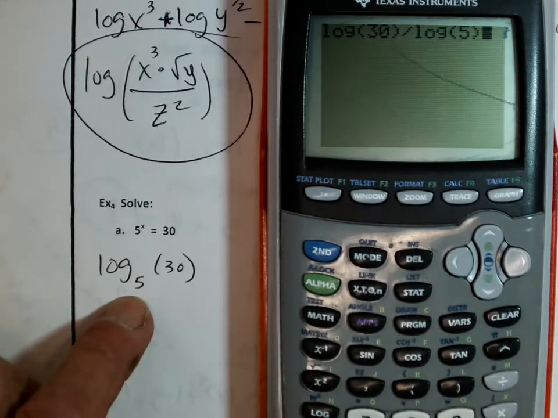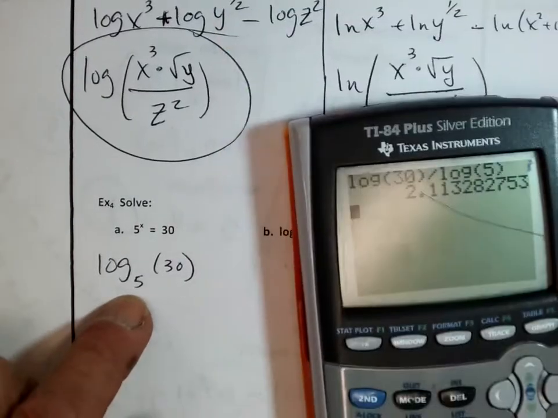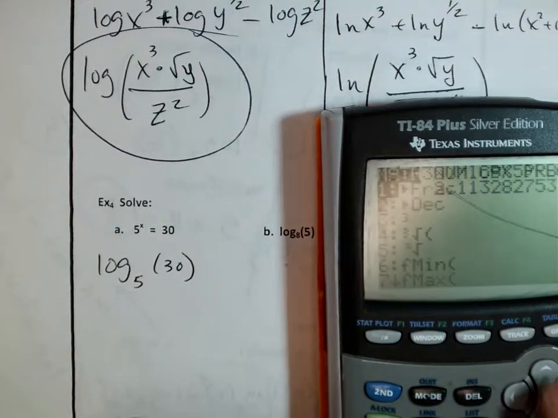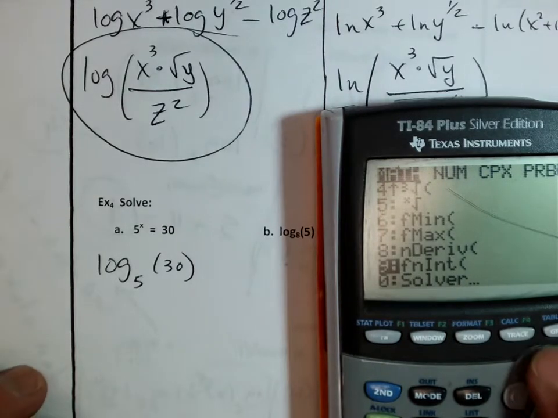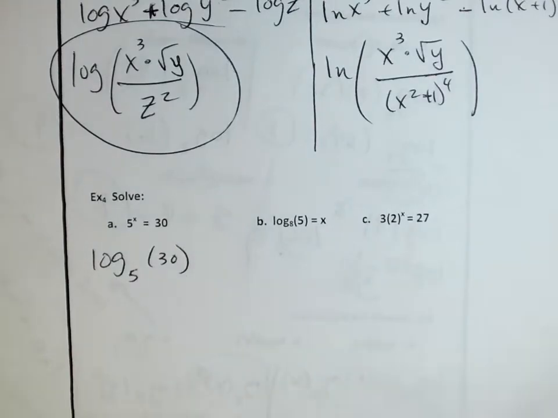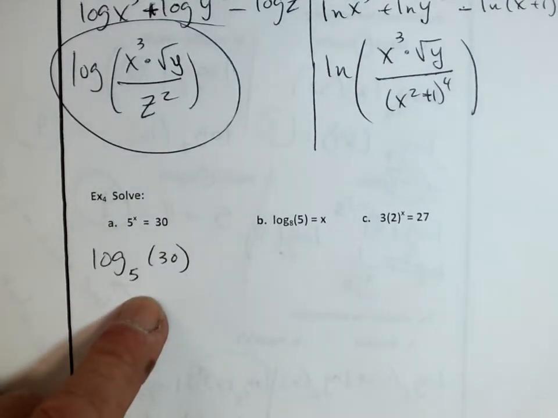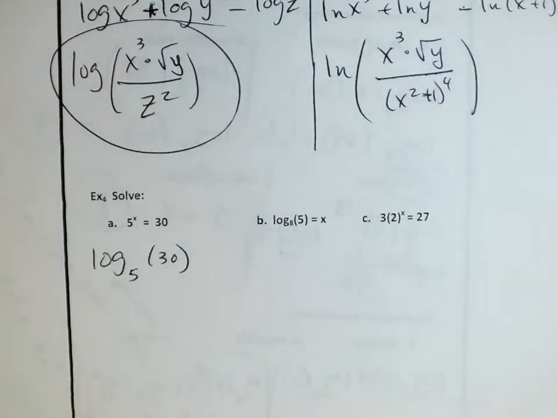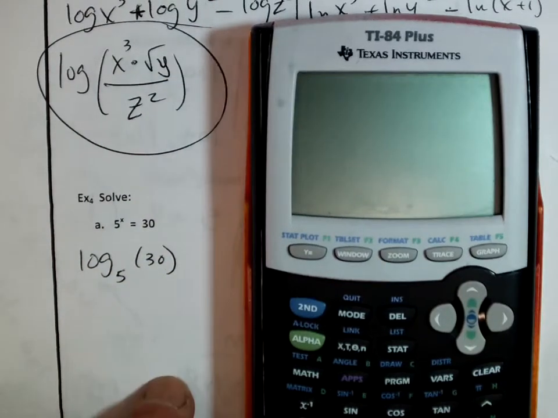Same answer you're going to get. See, I did it? See, the old calculator, you had to do it my way, right? But you guys can go to your math.